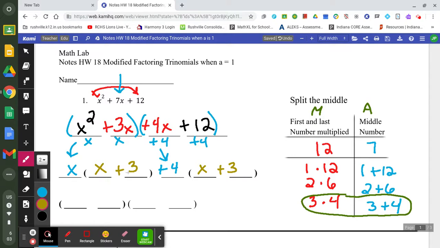My 2 parentheses need to match, and so I write that first parenthesis, the one that is alike, one time. And then the second parenthesis is everything that's left over, which is my x plus 4. And then this is my answer.